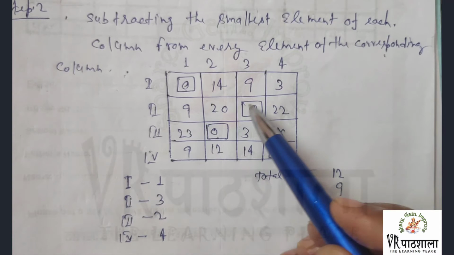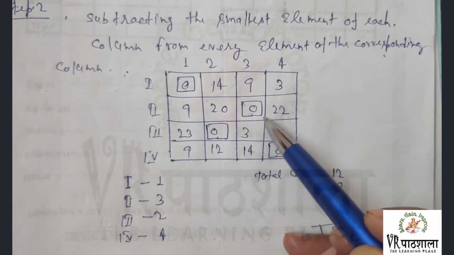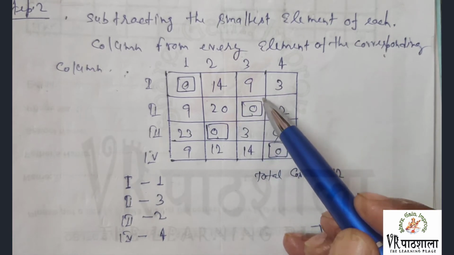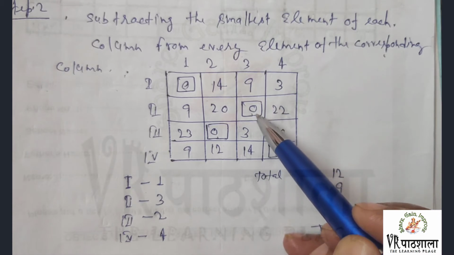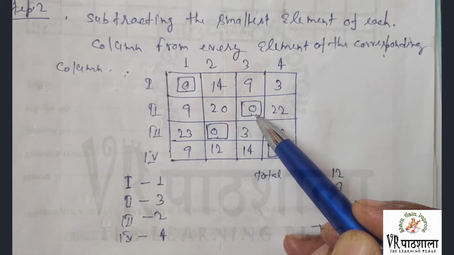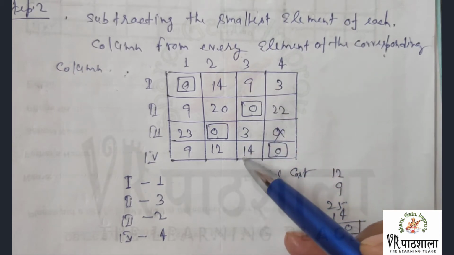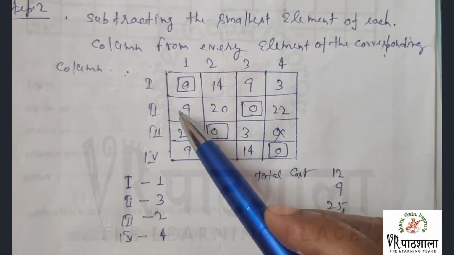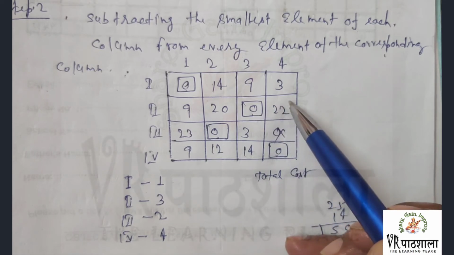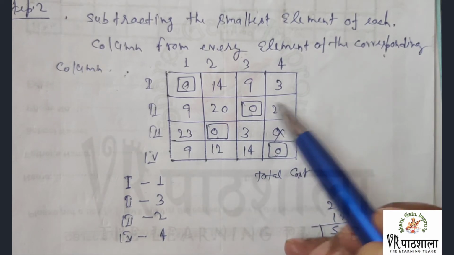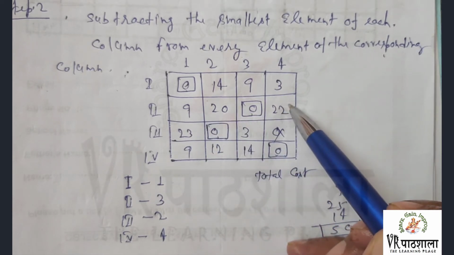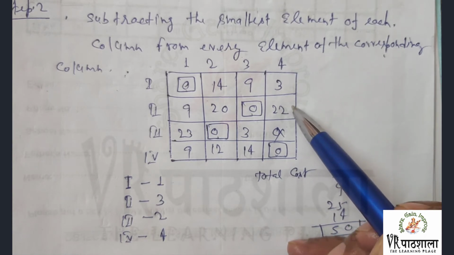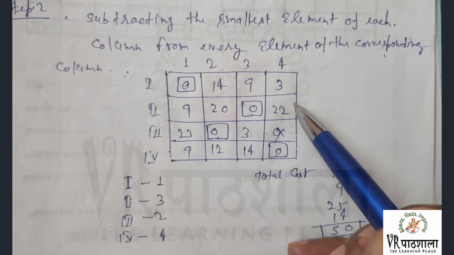Now in the second row there is only one 0, so we make this 0 an assignment. The corresponding column has no more 0, and the corresponding row does not have any other 0. If they had, they would be cancelled out.